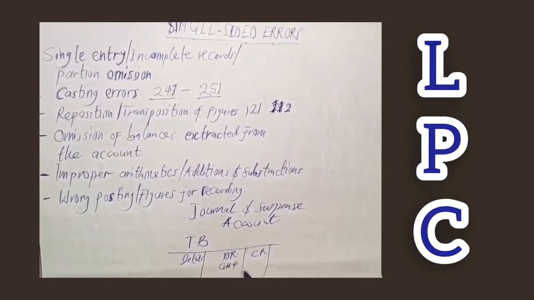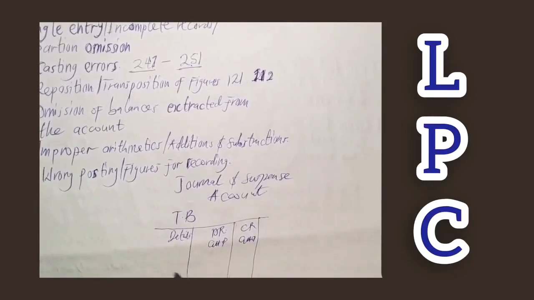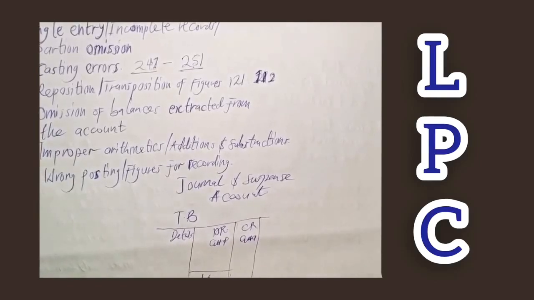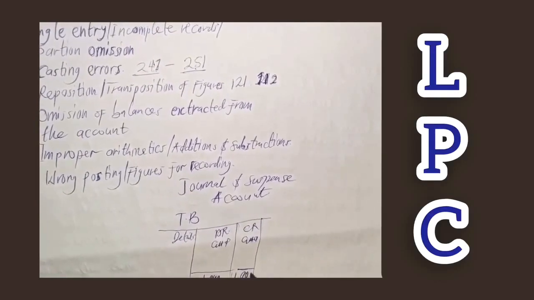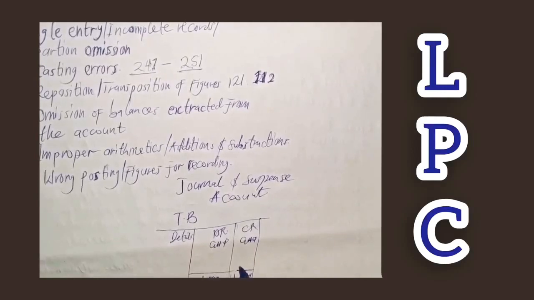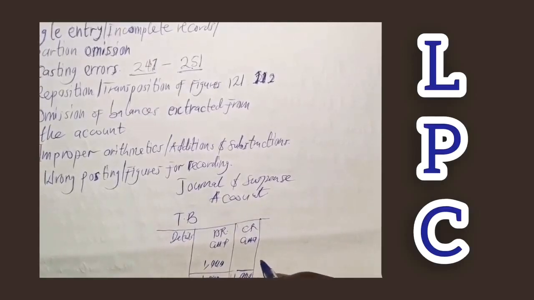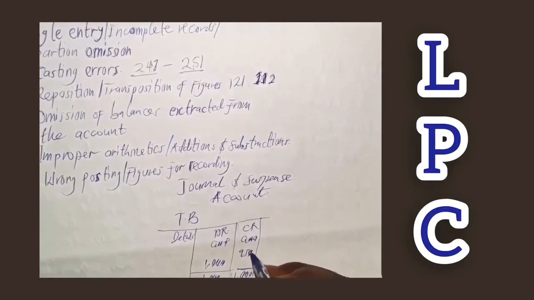Let's say the total should have been 1,000, but the debit was 1,000 and the credit was 950.